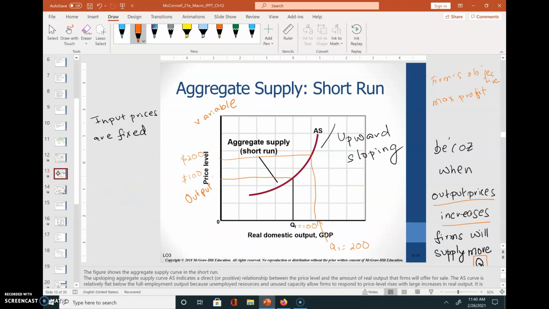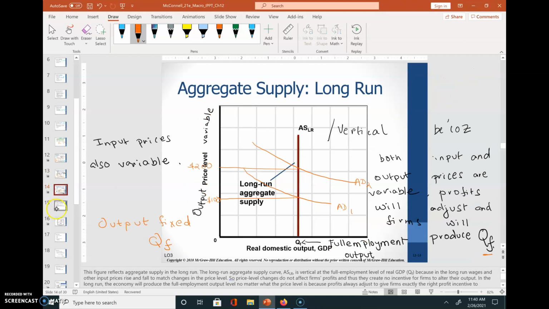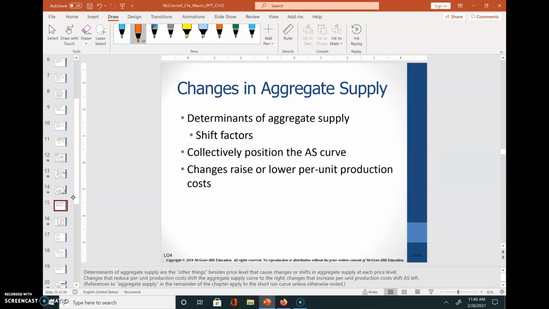In the short run, prices can increase and output can increase, or both can go down. Alrighty, so now we know about the shapes of the aggregate supply curve at different time horizons. Next we are going to look at changes in the aggregate supply curve.